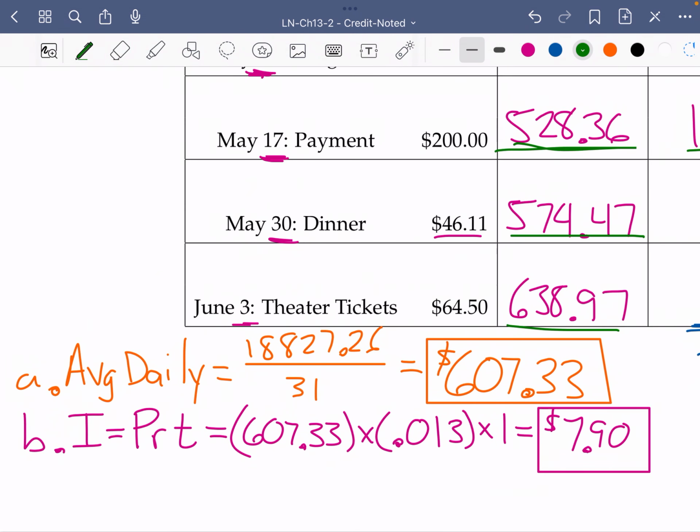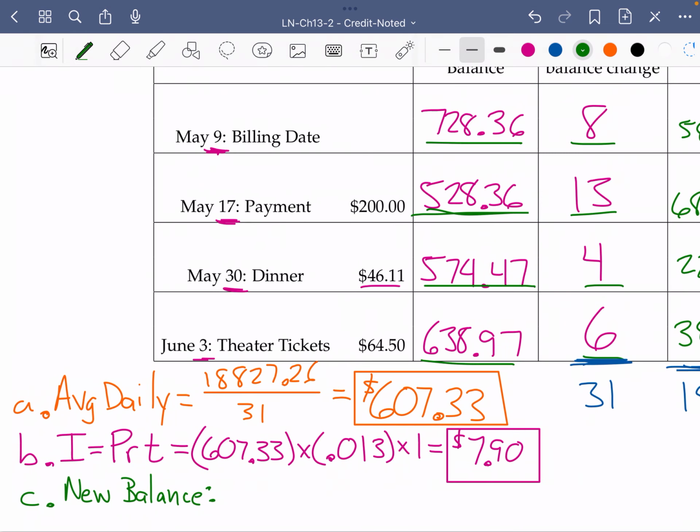So finally, our new balance, or the balance at the beginning of the next billing cycle, it's going to be whatever we owed at the end of this billing cycle, the $638.97, plus the amount of interest that we're going to be charged, $7.90.